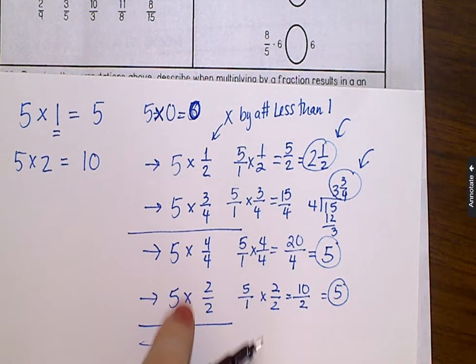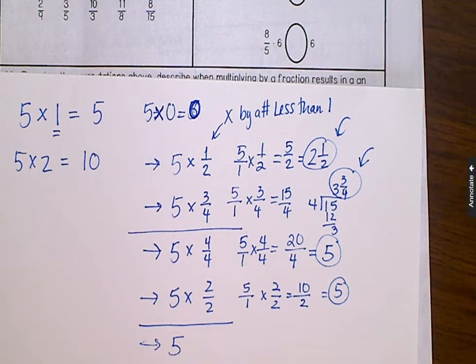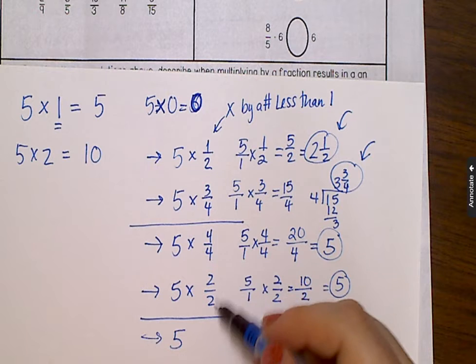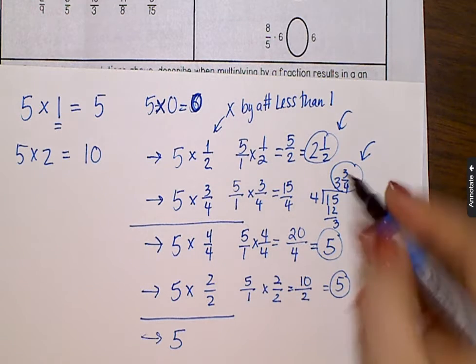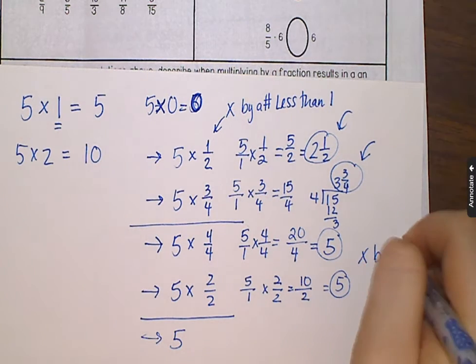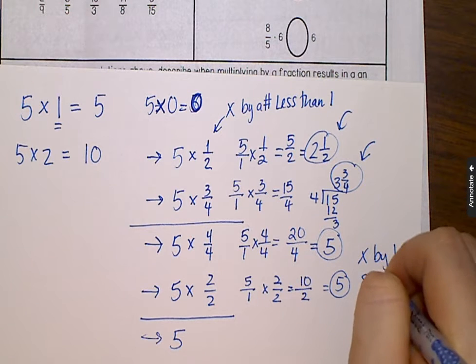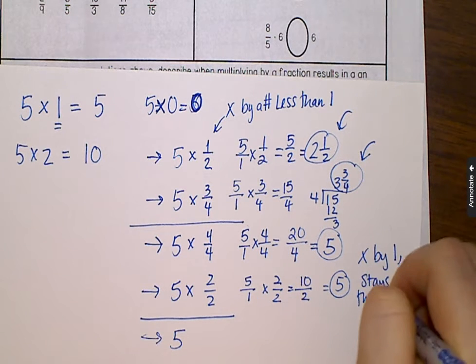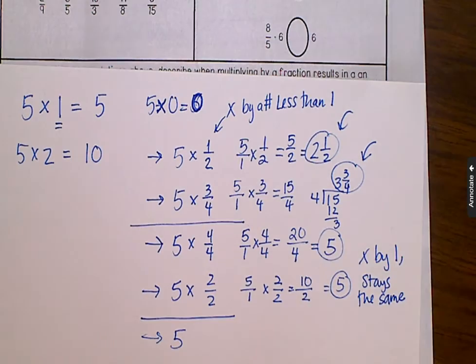So anytime I multiply a number by the same number, or divide for that matter, this is the same as multiplying by 1, right? When you multiply by 1, it stays the same. You already knew that from way back when you started learning how to multiply.